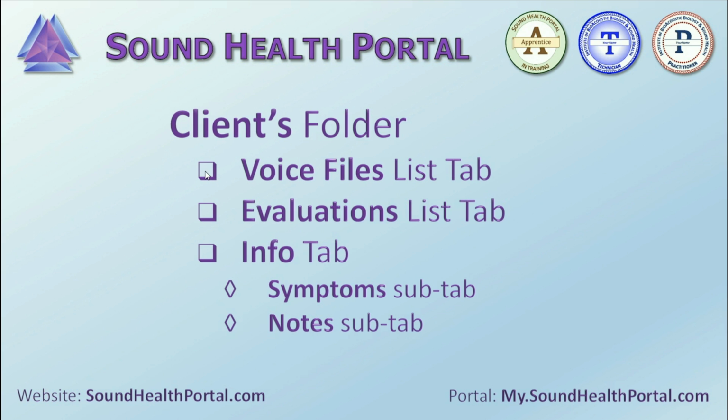First of all, there are three tabs. The first tab is for all of the voice files that this client has. The second tab is all of the evaluations for this client. And the third tab is where I have two sub-tabs, the symptoms that I can assign to this client's folder and notes that I created when I built the client's folder in the first place.